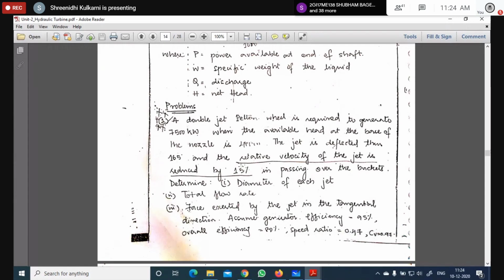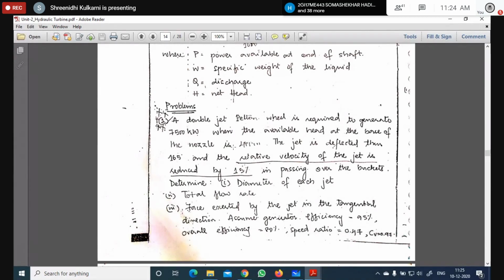So here they have given a double jet Pelton wheel. Number of jets is 2, required to generate 7,500 kilowatts. They have given the power. So N is equal to 2, where N is the number of jets. The available head at the base of the nozzle is 400 meters.